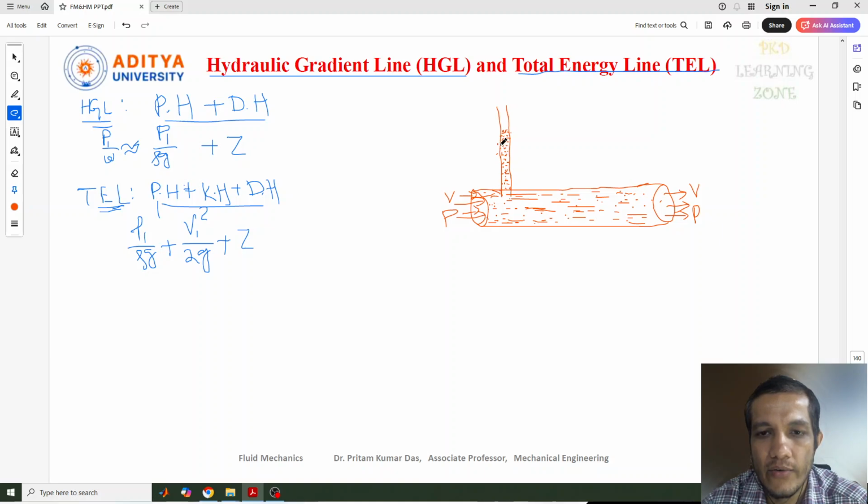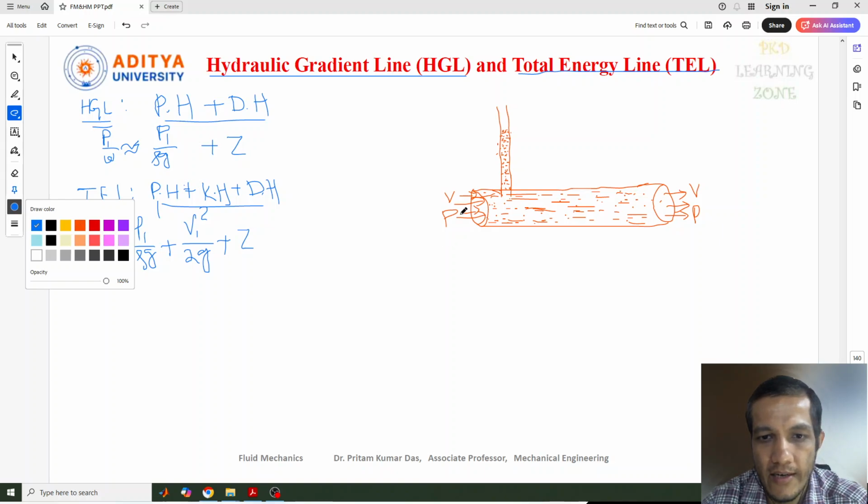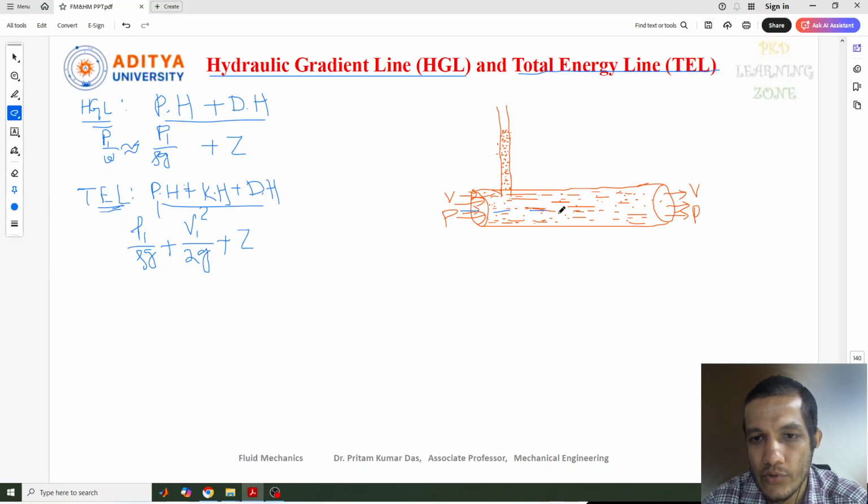Why is it the pressure head? Due to the pressure, there is a rise in water level from the pipe into this tube. So how much the liquid rises in this tube is with respect to the intensity of pressure. Let me draw a center line. This is the center line of the pipe.